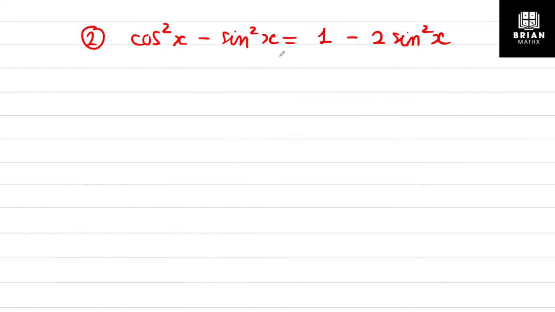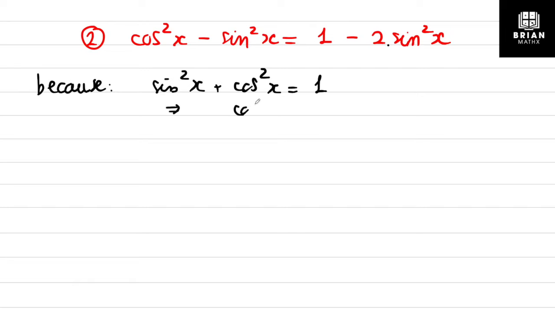So question 2: cos square x minus sine square x equals 1 minus 2 sine square x. Same thing, we have the identity about sine and cos like this. And then I will make cos square x the subject. It becomes something like here.